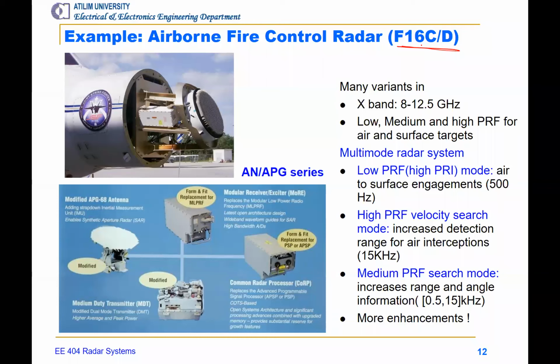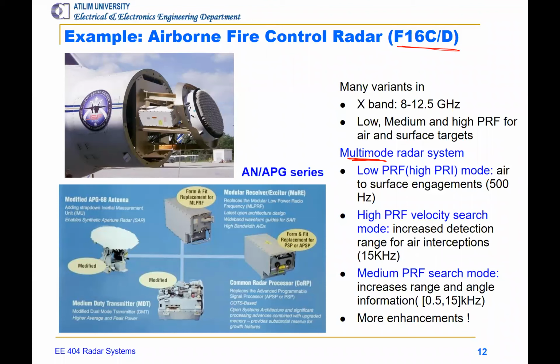Maybe a newer version might have a different radar, but as far as I see from the open literature, for an airborne fire control radar, it's a multi-mode radar system, which means that it has several modes, okay?